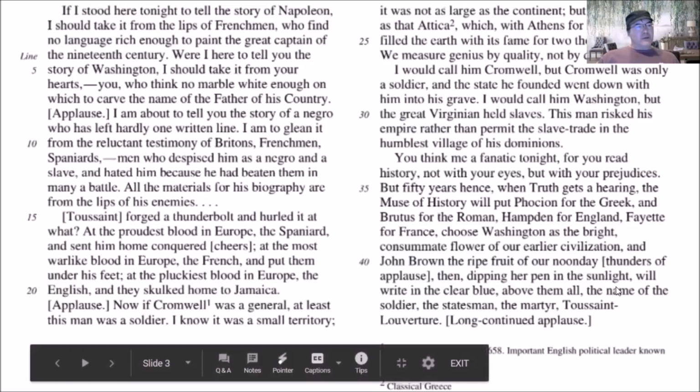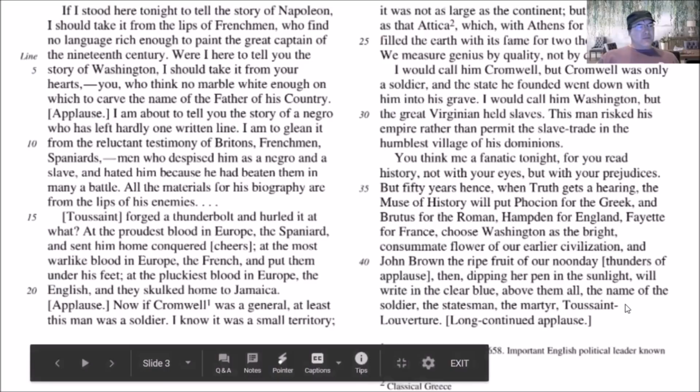"Then dipping her pen in the sunlight," again, more personification, to create that pathos, "will write in the clear blue above them all the name of the soldier, the statesman, the martyr, Toussaint Louverture." So he has gained his audience back, and there's lots of applause.